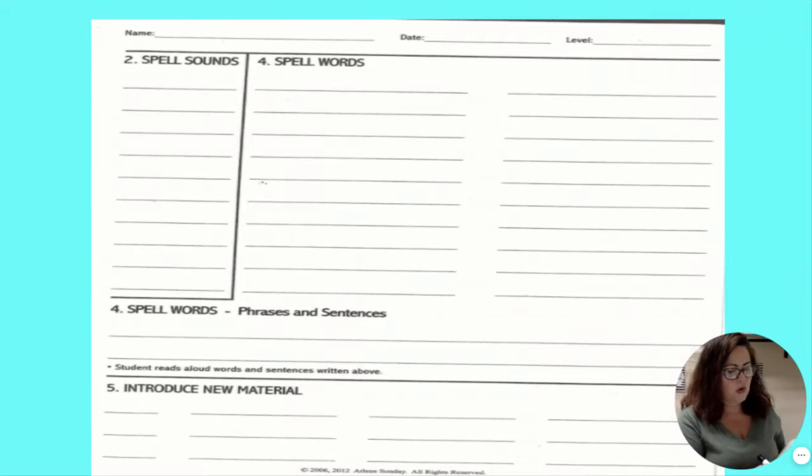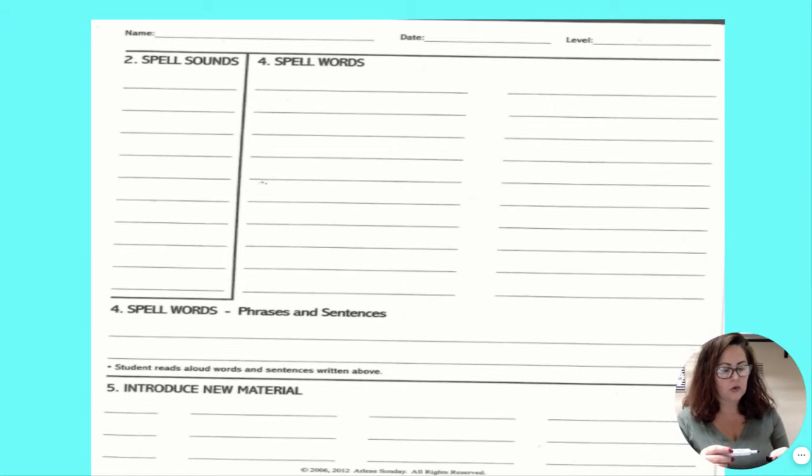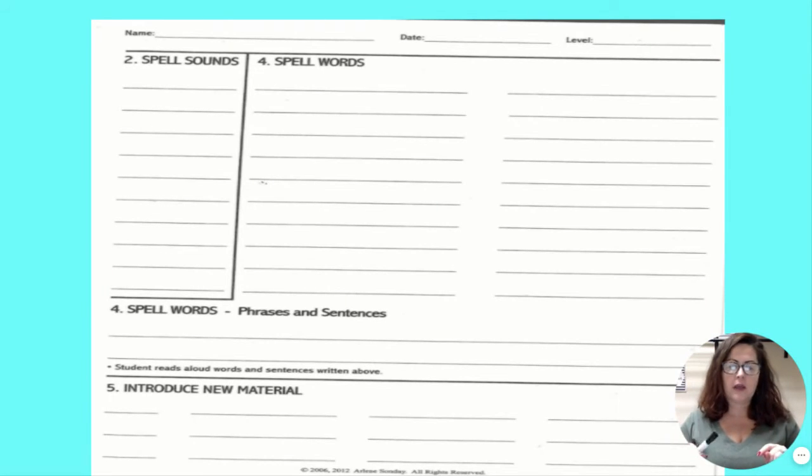All right, I'm going to ask a few questions and I want you to write your answers on the lines below. So, how else can you write ch? And this is, okay, so one way that you can write the ch sound after a short vowel is TCH.